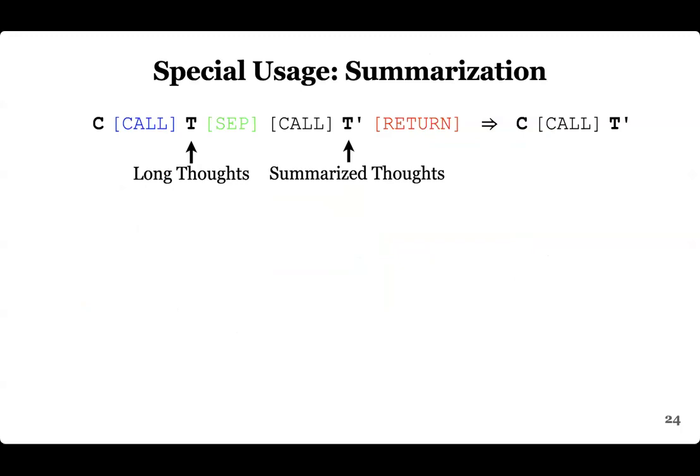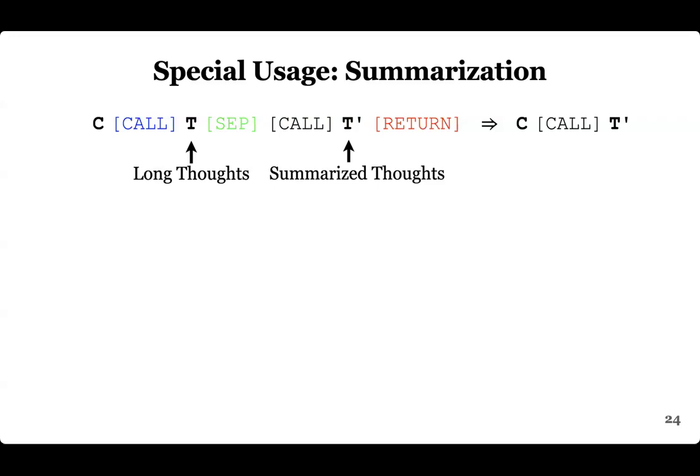Here we use another trick for the reduction rule: it can do summarization. Here, T refers to a very long thought. For example, after a long time of thinking, it still doesn't get the answer, but a very long thought has accumulated in the current context.